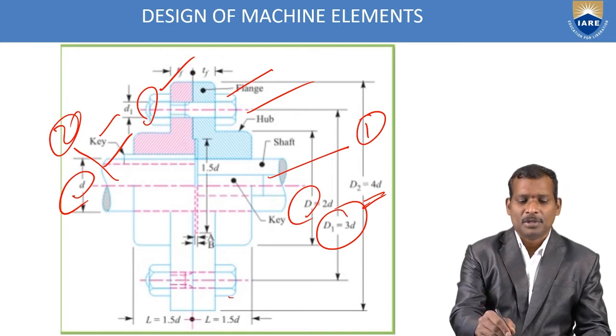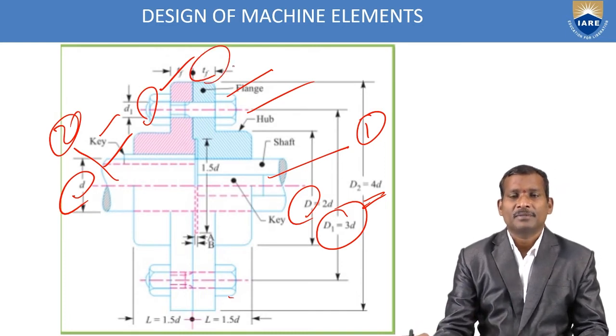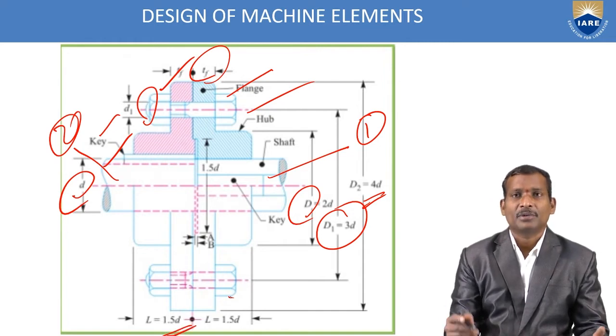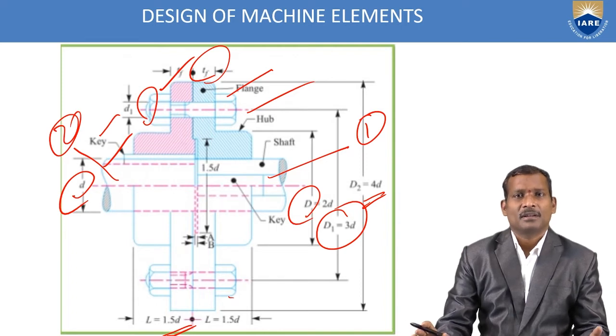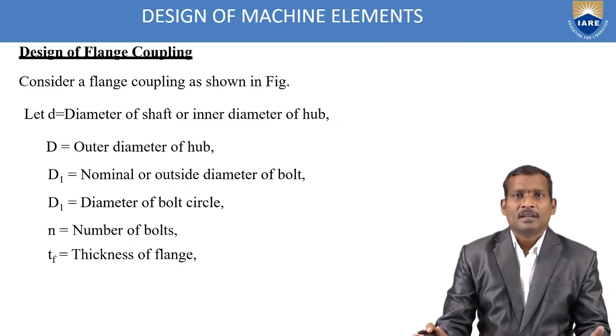Then the thickness of the flange is tf, and the length is 1.5 D. You can take directly 1.5 times D. All these dimensions you have to find out, and then finally draw a rough sketch of the flange coupling.